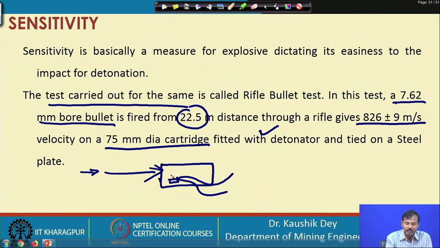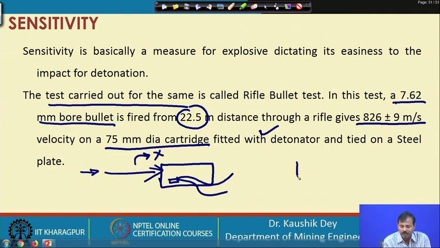So, we will see whether the shock provided by the rifle bullet is able to initiate the explosive or not with the full initiation system. That means, if this rifle bullet test is giving an X shock pressure, whether the X shock pressure is able to initiate the system or not.